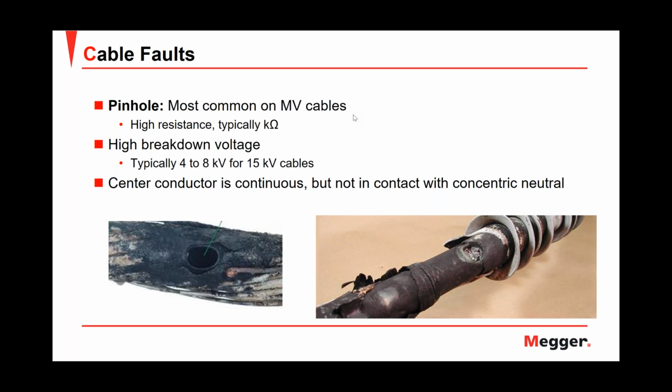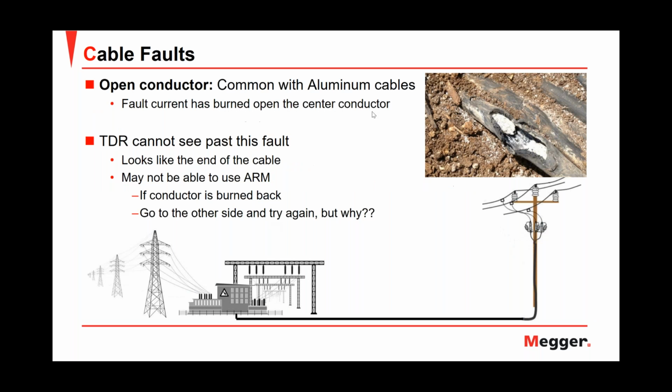The next fault I would like to talk about is the open conductor. This fault is very common when we have cables with a center conductor of aluminum material. In this case, the fault current has burned and opened the center conductor.